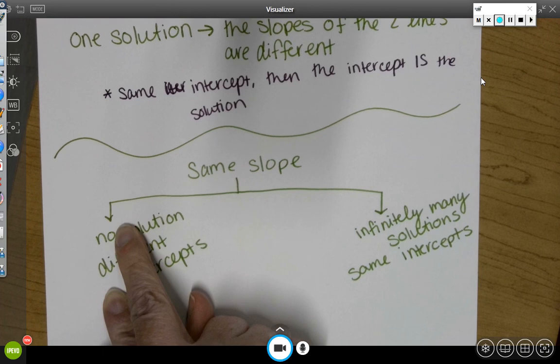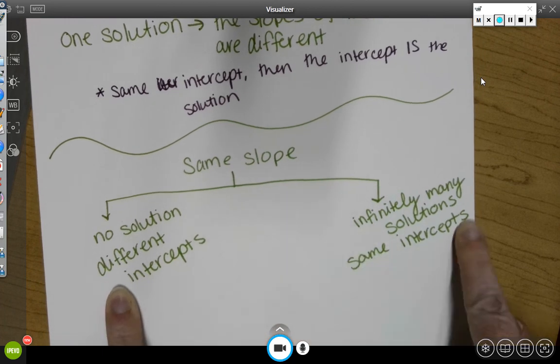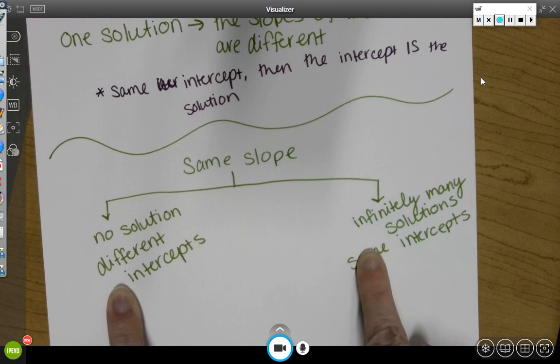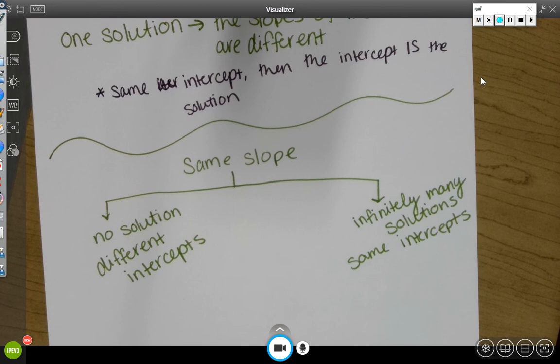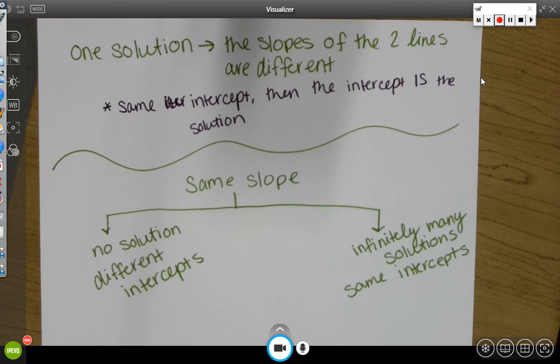So same slope, different intercepts, no solution. Same slope, same intercept, infinitely many solutions, because guess what? It's the same line. All right. So those of you that think this chart's going to be really helpful, screenshot it, jot it down, make a copy of it, go ahead and pause the video, do that.